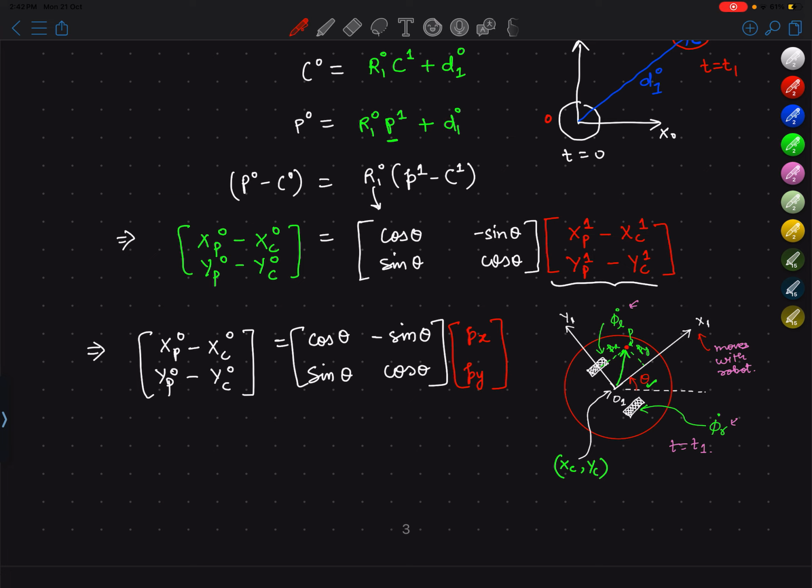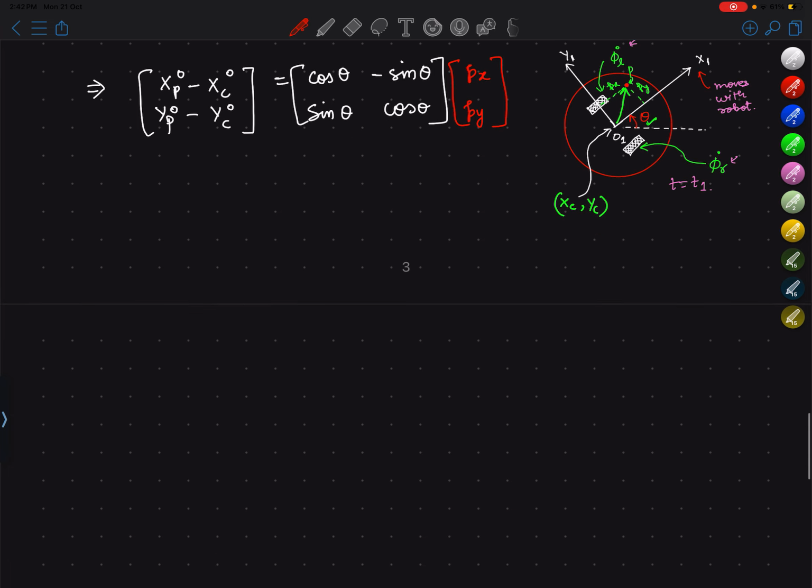Now let's say you know the position of P naught. Given the position of P with respect to 0, compute the position of C with respect to 0. How can we do that? We just bring this vector on the other side of the equation.